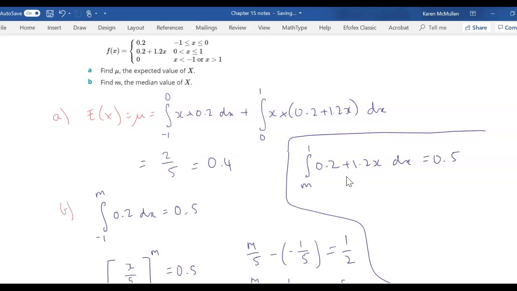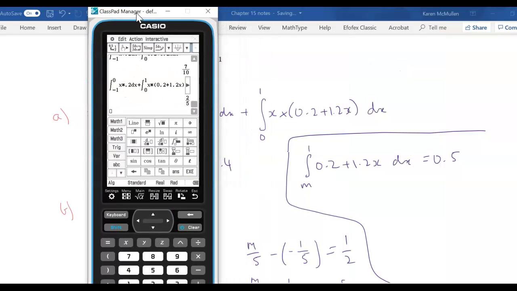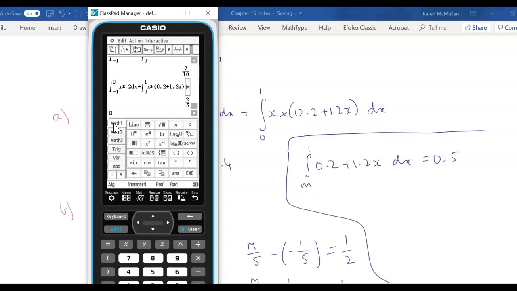Let's just do that on the calculator. All right, so solve. We had our practice with fractions. Okay, so m to 1, and we've got 0.2 plus 1.2x dx. Get your big cursor, equals 0.5, comma, solving for m.